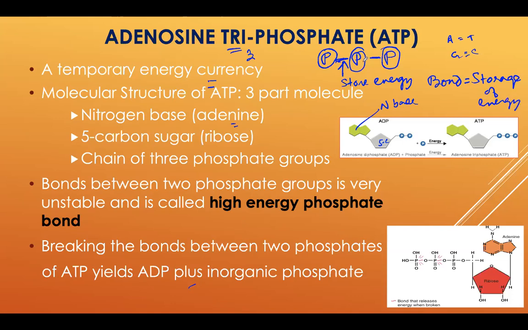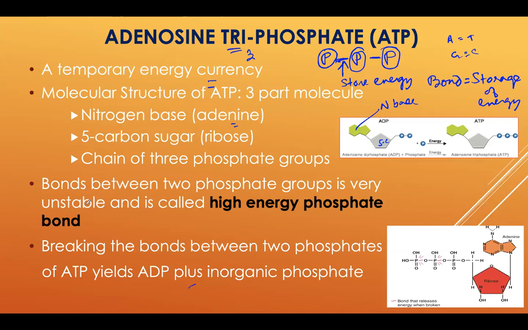To make a bond, we must supply energy, and when we break the bond, we release energy. If you remember these two, it will help you throughout life. Very, very important: making a bond requires energy, breaking a bond releases energy.